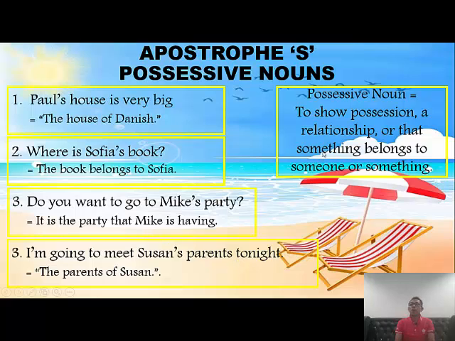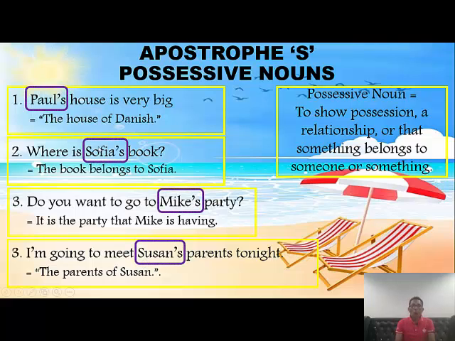So there are two purposes of possessive noun here, which is to show the possession or a relationship. So the parents of Susan, not Susan owns the parents. We can't own our father or mother. That's weird.